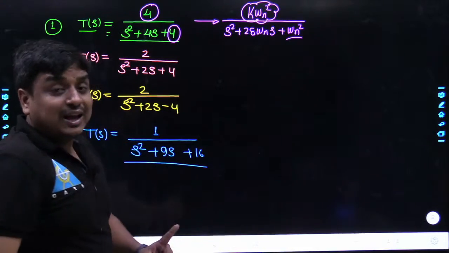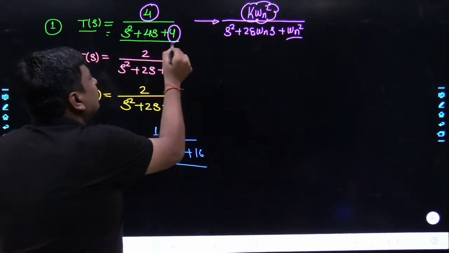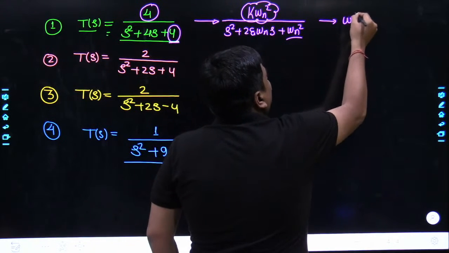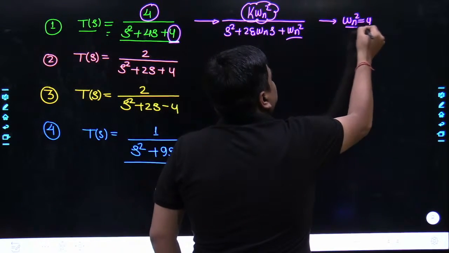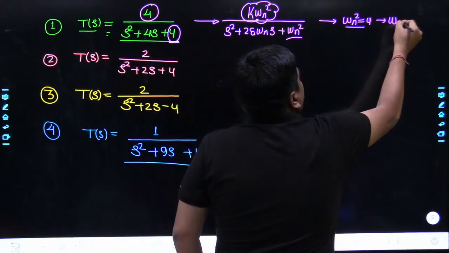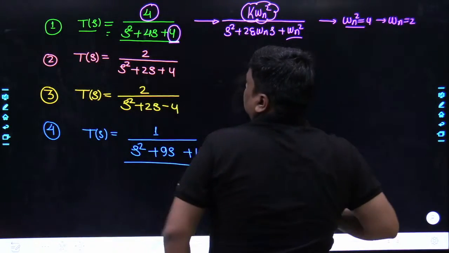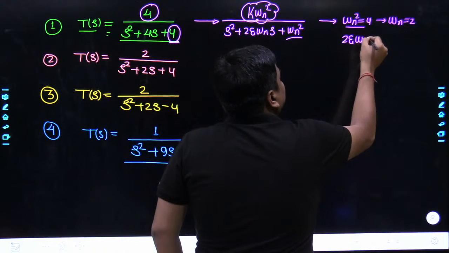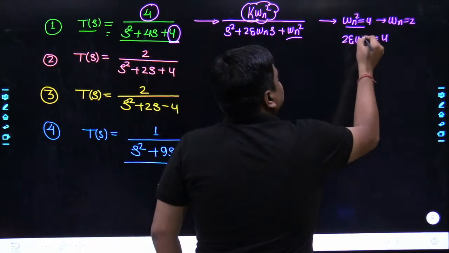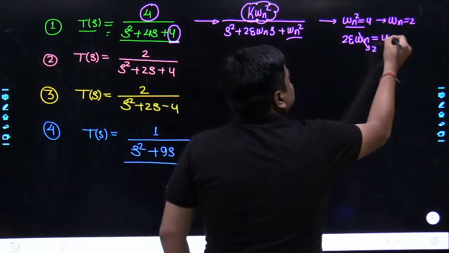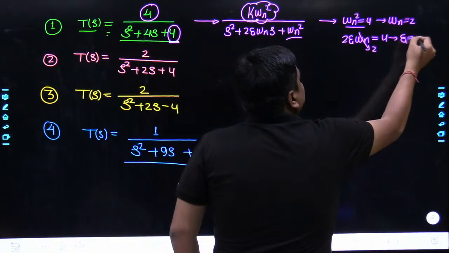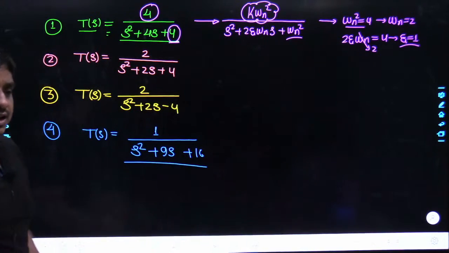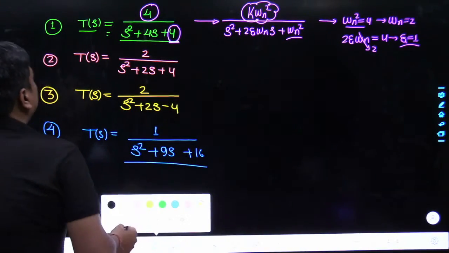So I would always calculate the value of omega n from this factor, and if I compare, omega n square equals 4, so definitely the value of omega n becomes 2. Agreed? And the 4 was in place of 2 zeta omega n, whereas the value of omega n is already known to me. So 2 into 2 is 4, and zeta becomes 1. And as zeta is known to me, by default I can say it is going to be a critically damped system.